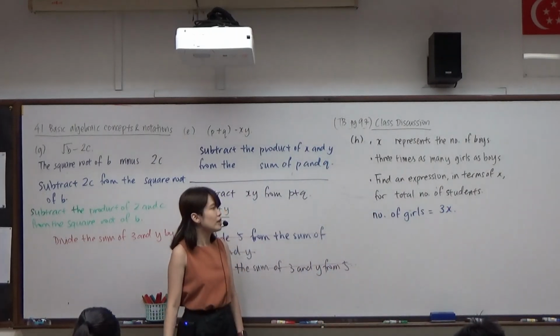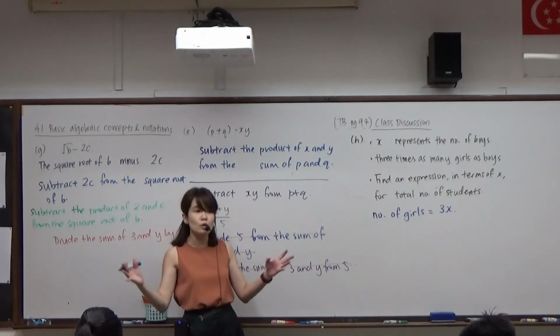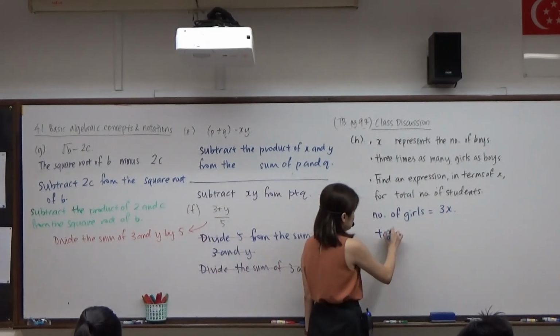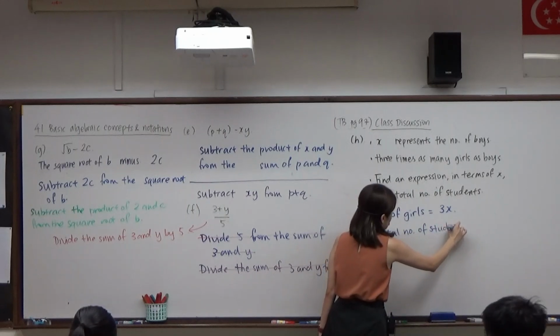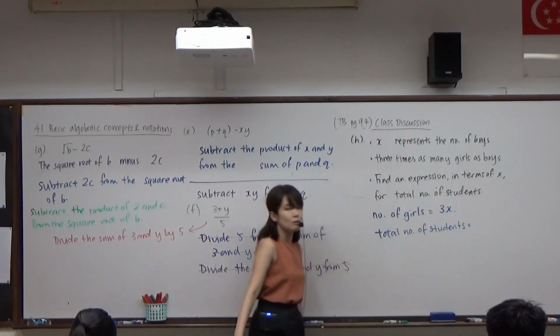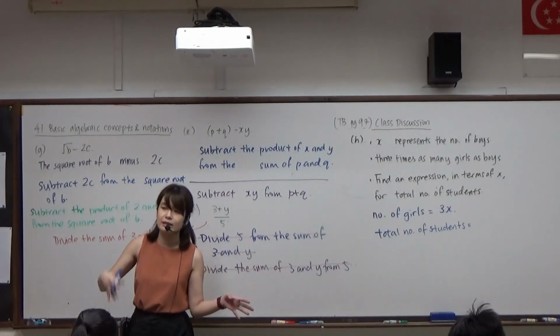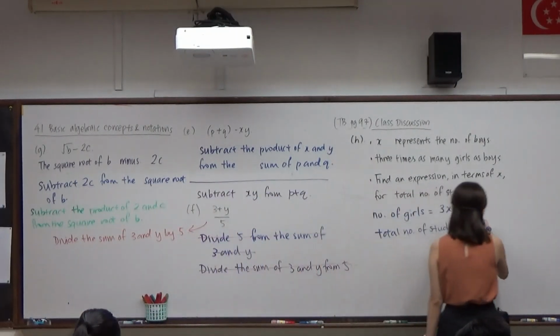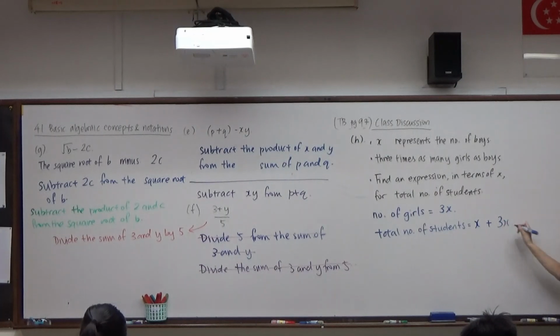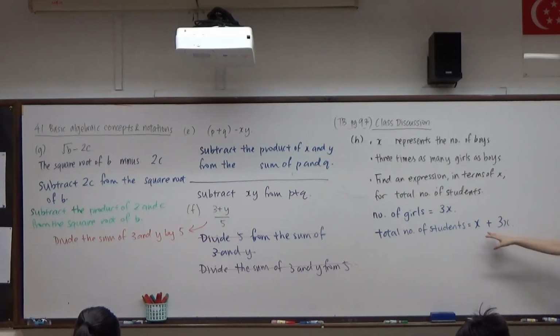Now the question is saying that you want to find the total number of students. Number of boys is just x. Number of girls is 3x. So you think of x as a group itself, plus 3 groups of the same thing. So total, how many are there?